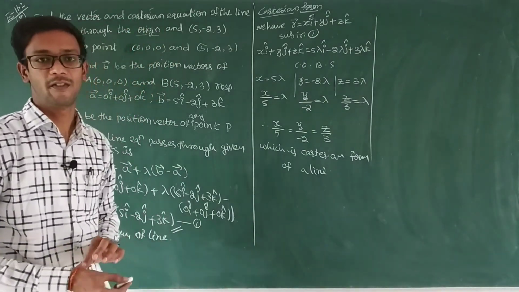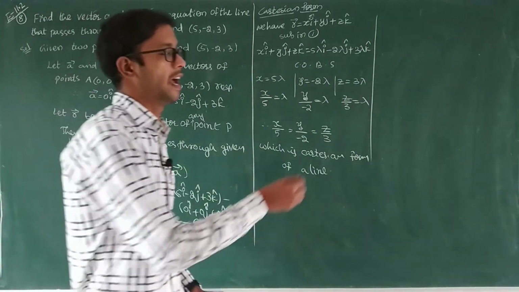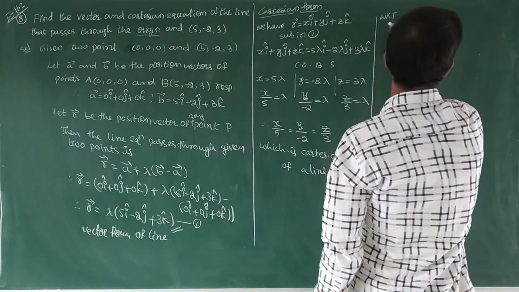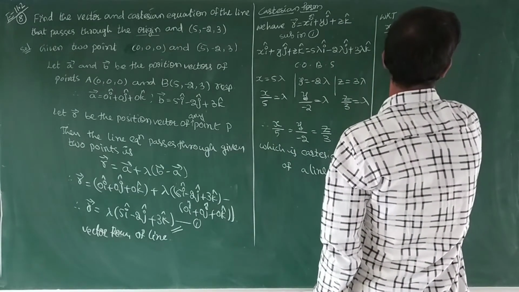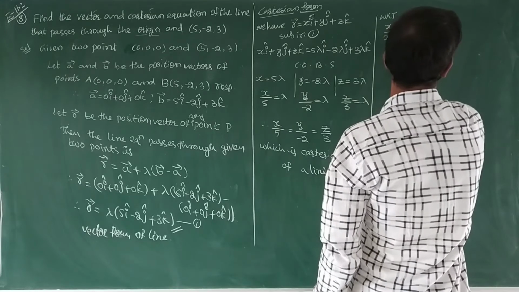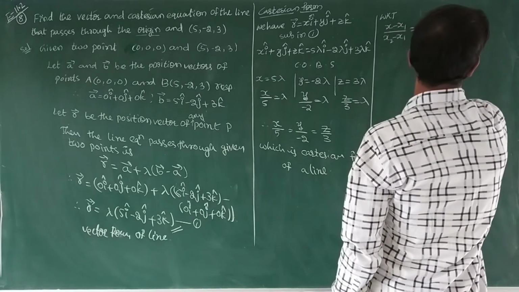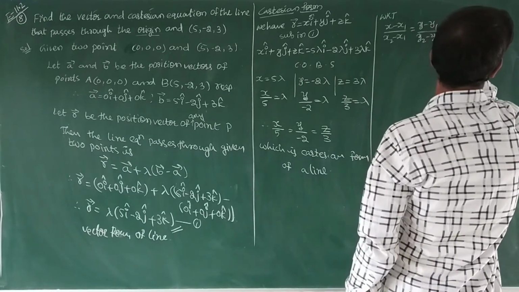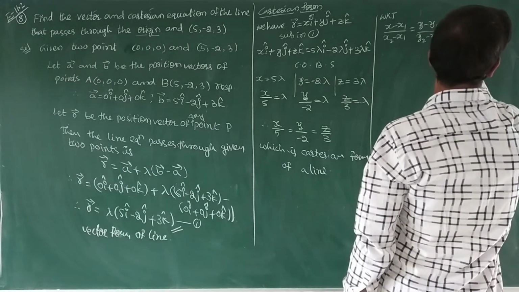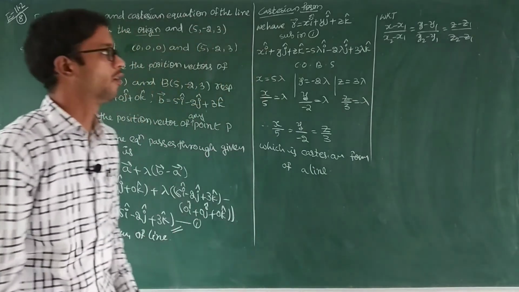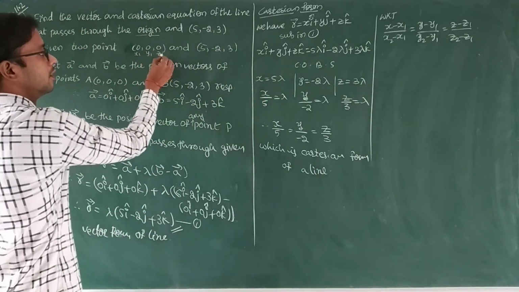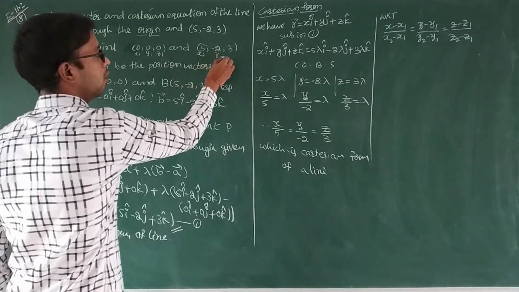Otherwise, you can take the direct formula here. We know that the Cartesian form of the line equation which is passing through given 2 points is (x minus x1) by (x2 minus x1) equals (y minus y1) by (y2 minus y1) equals (z minus z1) by (z2 minus z1). So here the points are x1, y1, z1 and x2, y2, z2.